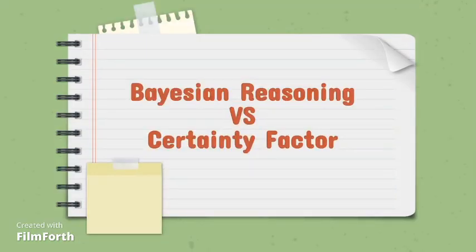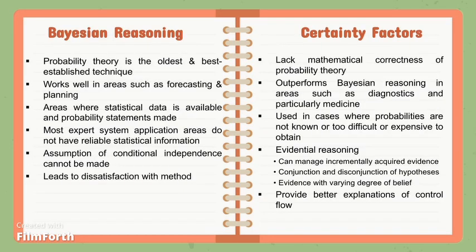Bayesian reasoning versus certainty factor. Bayesian reasoning: probability theory is the oldest and best established technique to deal with inexact knowledge and random data. It works well in such areas as forecasting and planning, where statistical data is usually available and accurate probability statements can be made.